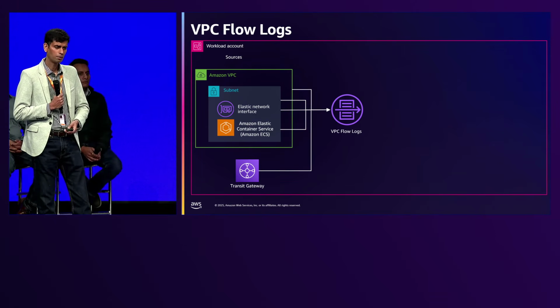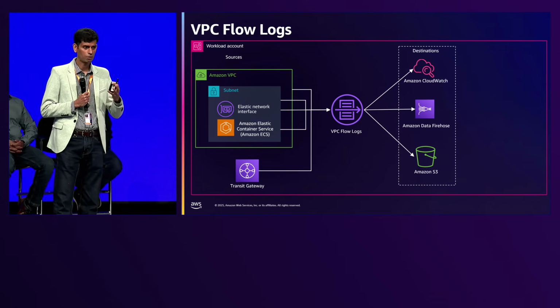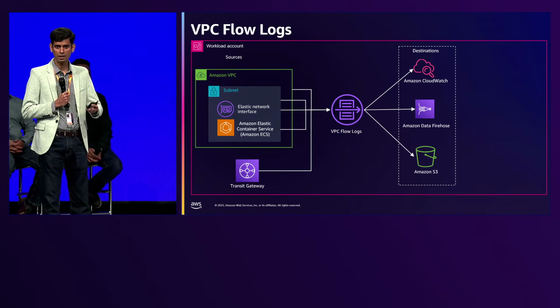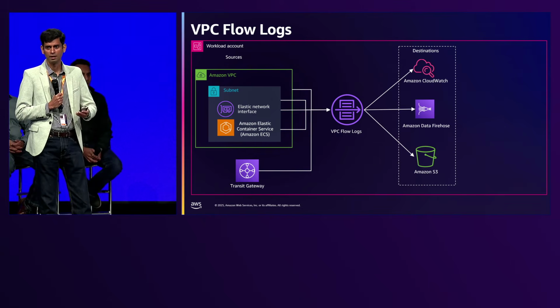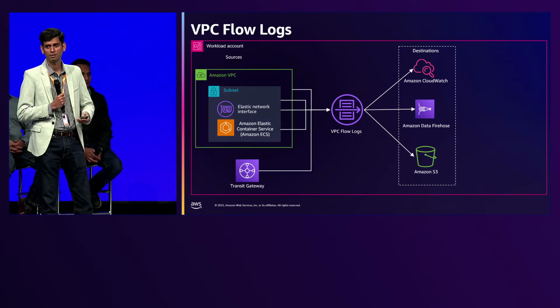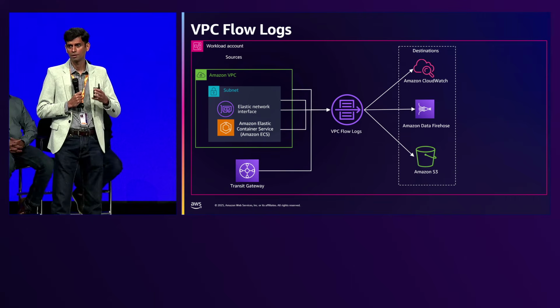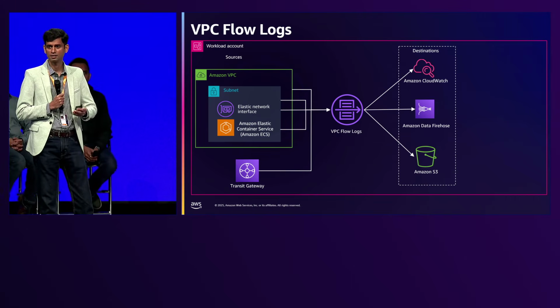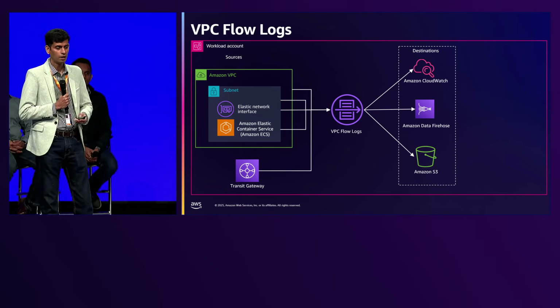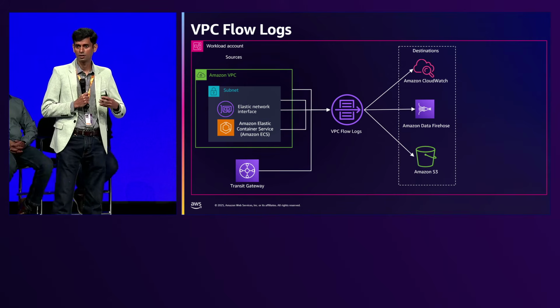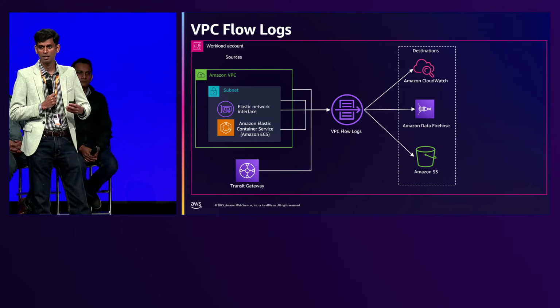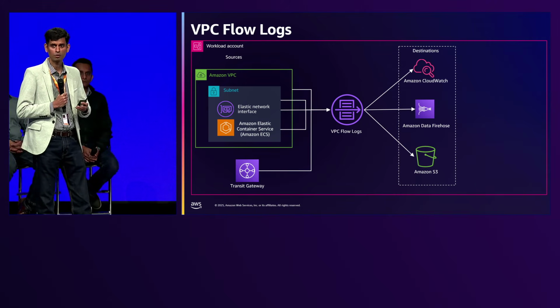Now, these logs can be pushed to three destinations, Amazon CloudWatch being one of them, Data Firehose, and Amazon S3. And the choice will depend upon the application or the use case that you are trying to achieve. So let's say if you want to just archive logs for regulatory requirements or ad hoc analysis, Amazon S3 might be the choice. If you are thinking of monitoring these logs regularly in near real time and set up alarms and so on, then you can use Amazon CloudWatch.